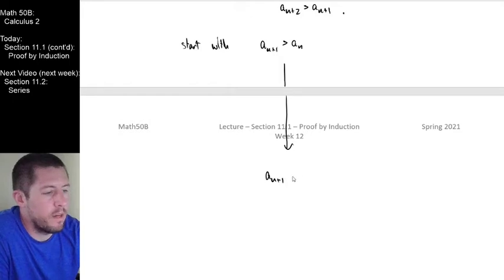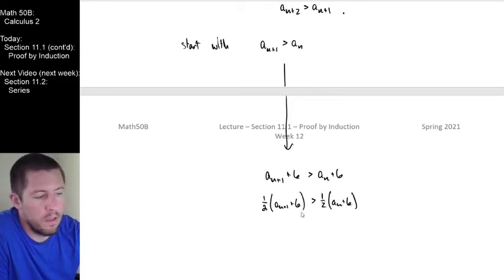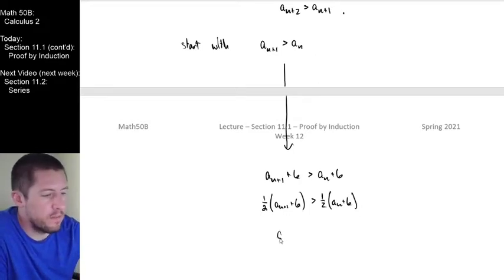A sub n plus 1 plus 6 is greater than a sub n plus 6. That's got to be true. I should be able to take a half on both sides. Well, this is just the definition of what a sub n plus 2 is. And this is just the definition of what a sub n plus 1 is.